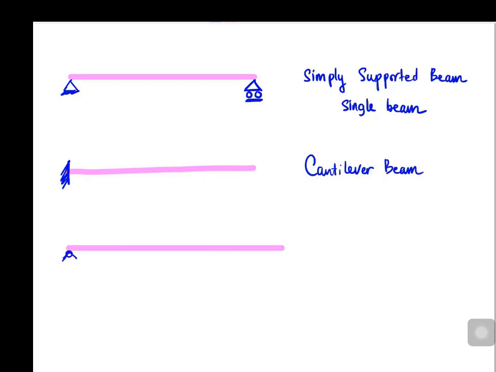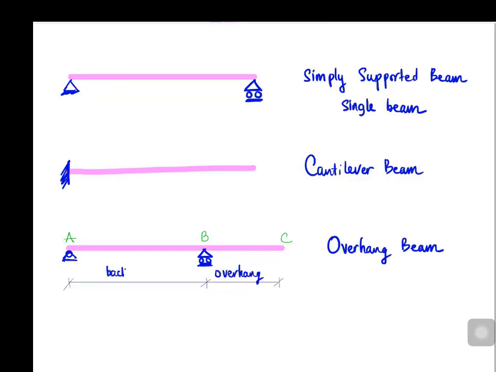Overhanging beams. This beam is simply supported at points A and B, that is, pin support at A and roller support at B, but it also extends beyond the support B. The overhanging segment BC is similar to a cantilever beam except that the beam axis may rotate at point B. Continuous beam: a beam that is supported at more than two points, or that may have multiple continuous spans.